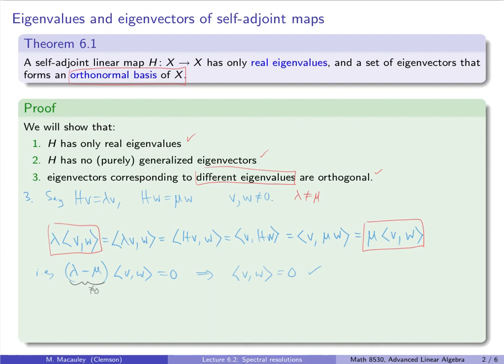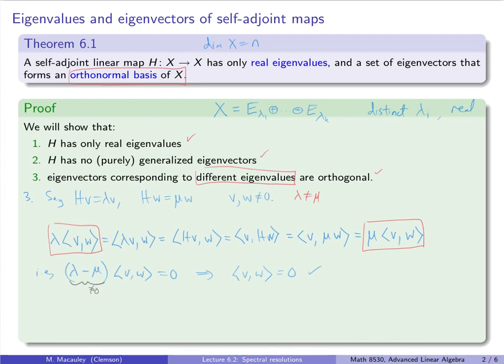So if we take x and we write it as a direct sum of its eigenspaces, something we know we can do from the previous section, let's say E lambda 1 all the way up to E lambda k. So if the dimension of x is n, then k is going to be less than or equal to n because there might be repeated eigenvalues. And let's say that these are distinct lambda i's, and all of these are real as well.